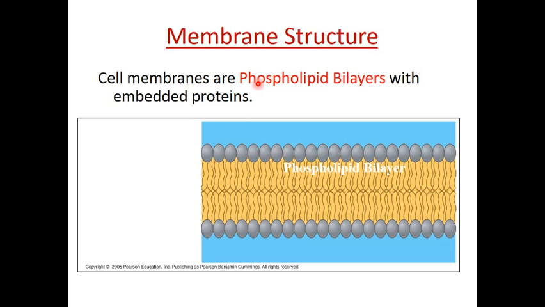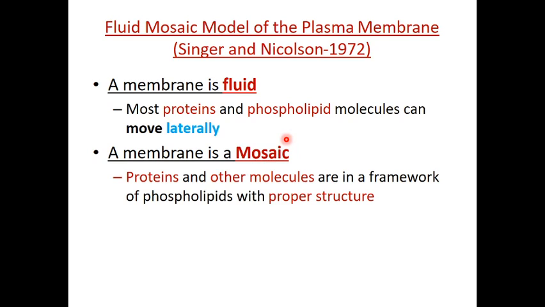This cell membrane structure, as I mentioned, is a phospholipid bilayer with embedded proteins. This model was proposed in 1972 by Singer and Nicolson, that is the fluid mosaic model of plasma membrane.